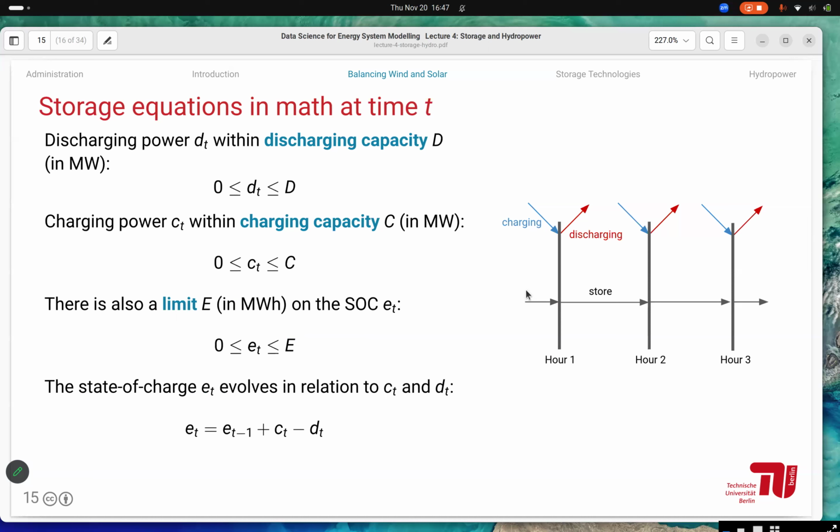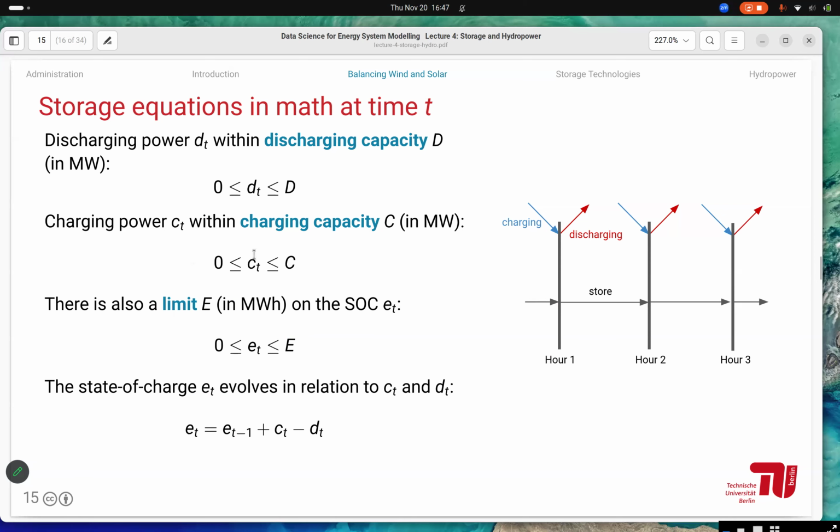If we look at the storage concept in very simple math, with this image of energy moving in time through our model, then we have some constraints on the charging. We make decisions about how much a storage should be discharged with a dt, and how much it should be charged.